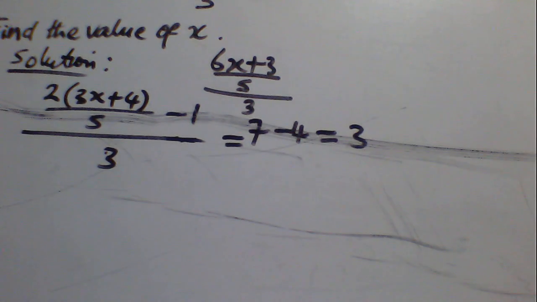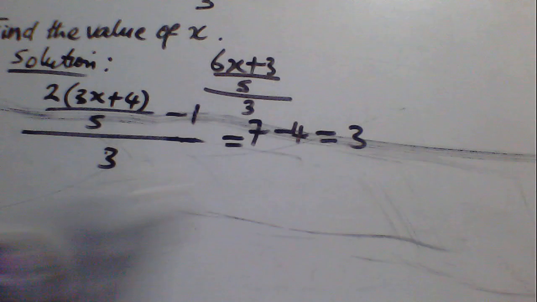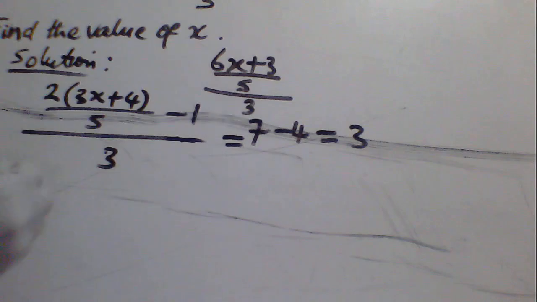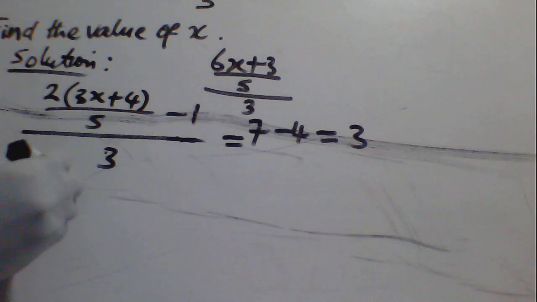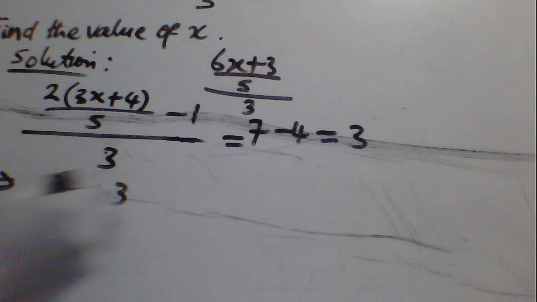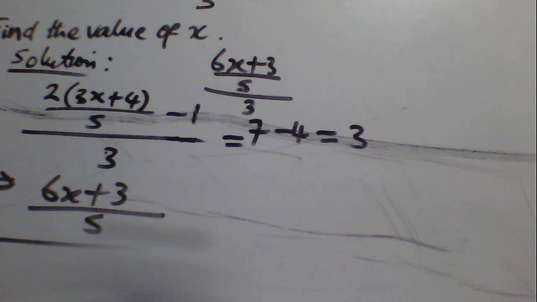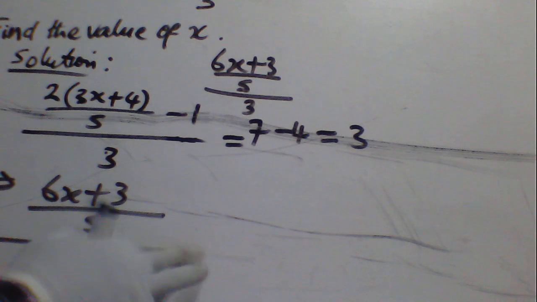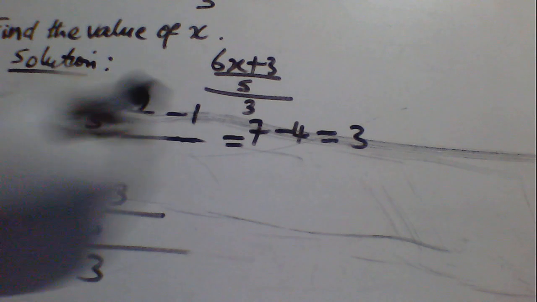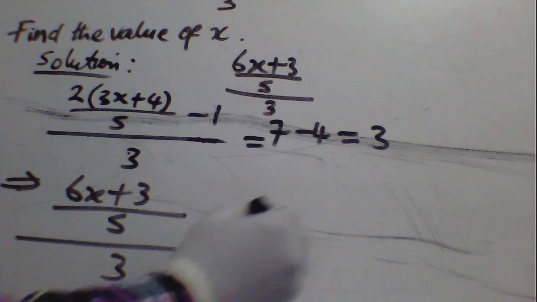So once we have done that, this implies (6x + 3)/5 divided by 3 is equal to what? It is equal to 3.